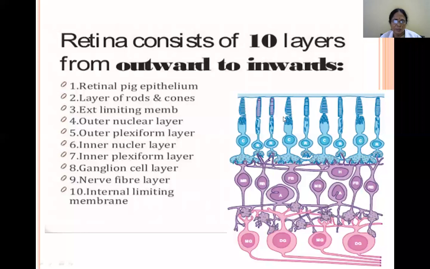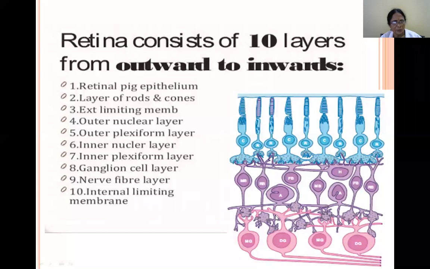Therefore, when the light receptors of vision, rods and cones, are excited, the information reaches the outer plexiform layer, where the bipolar and horizontal cells are excited, and this in turn excites the inner plexiform layer. In the inner plexiform layer, we have the amacrine cells. Amacrine cells are mostly interneurons.